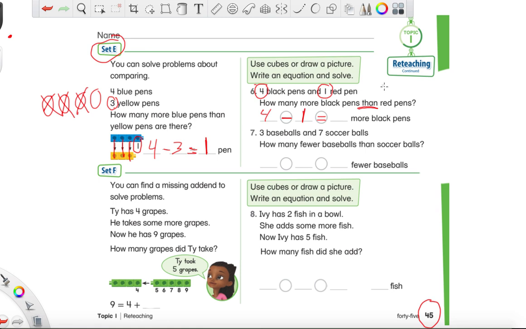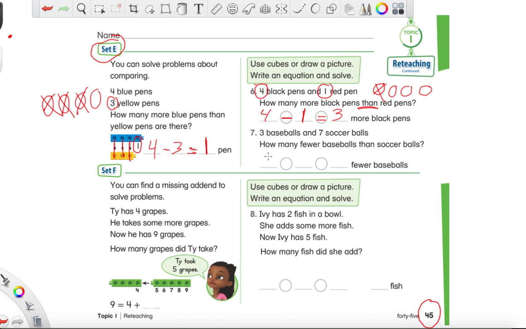So we're going to draw the big number, right? 4 circles. 1, 2, 3, and 4. And how many are we going to take away? Well, we're going to take away this small number right here, which is just 1. Cross it out. How many are not crossed out? 3. So 4 minus 1 is 3. They have 3 more black pens.